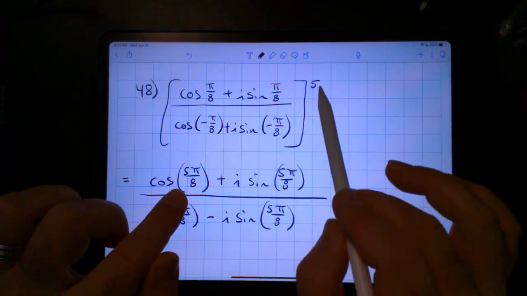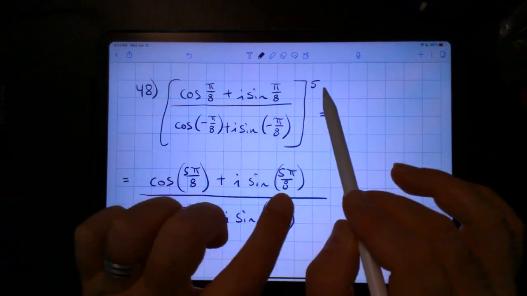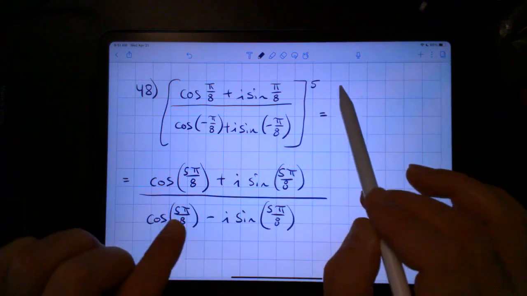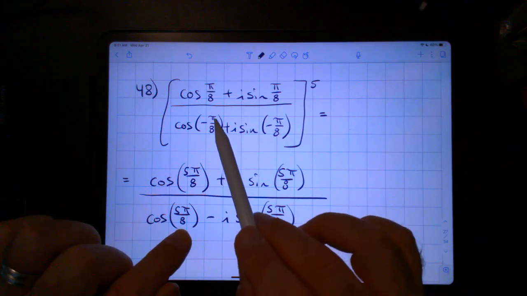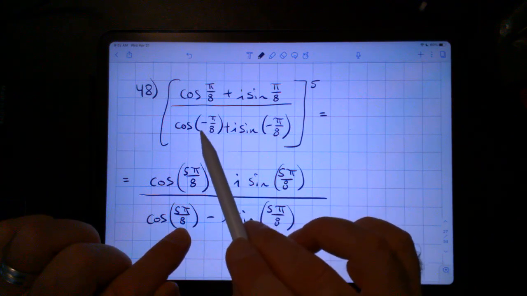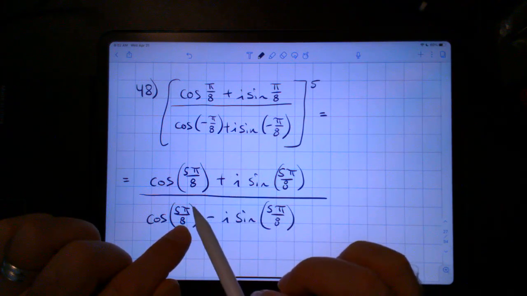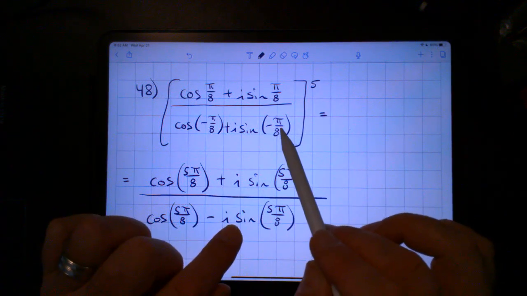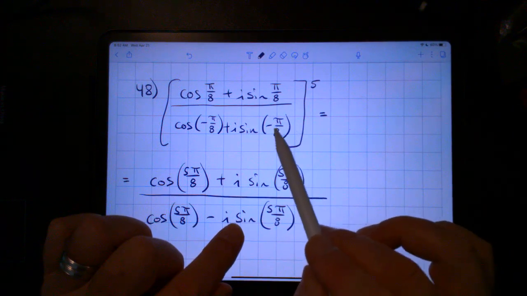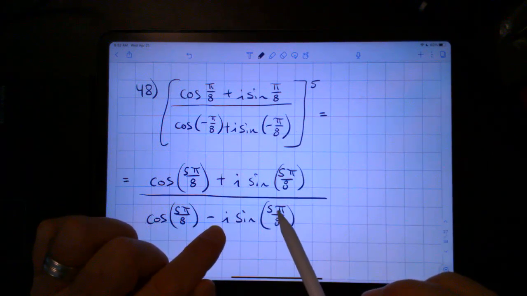This 5 exponent distributes into your angles and all 4 of them. Cosine is an even function, so cosine of a negative angle is the same thing as cosine of the positive angle having the same magnitude. Sine is an odd function, so sine of a negative angle is equal to negative sine of the positive of that angle.